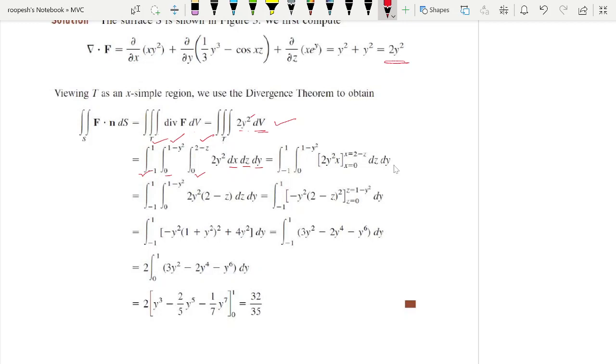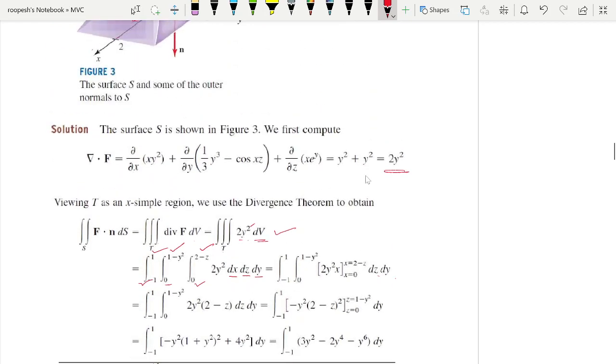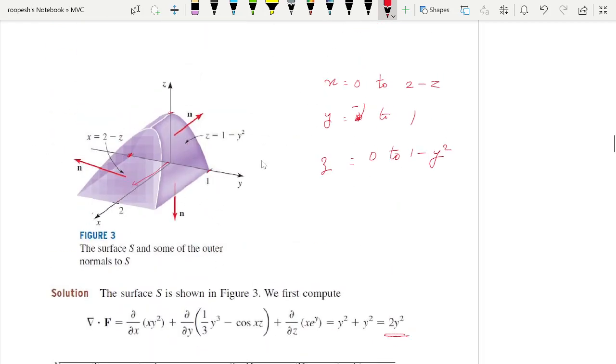So this is equal to the integral from minus 1 to 1, integral 0 to 1 minus y square, of 2y square (2 minus z) dz dy. Now upon integration, we will get 32 by 35. So the only thing is how to find the limits.